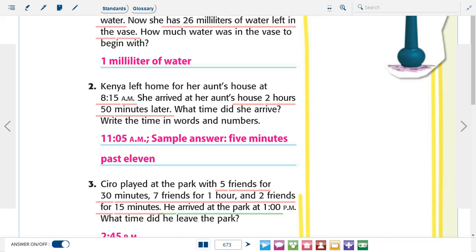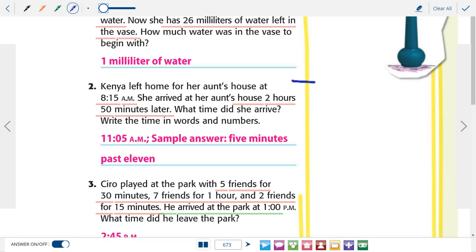Okay, 11:05. So again, how did we do this? I will write the steps here in this blue color. Here we did two important steps. First we added 50 minutes to 15 minutes.